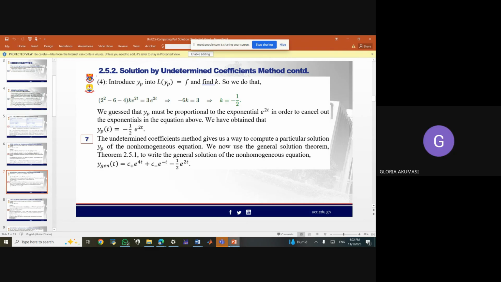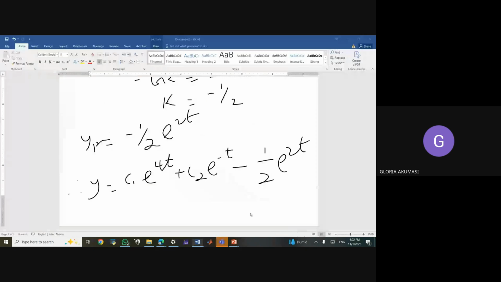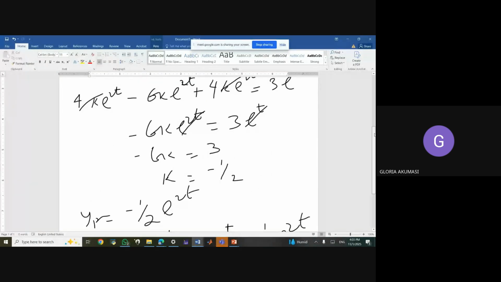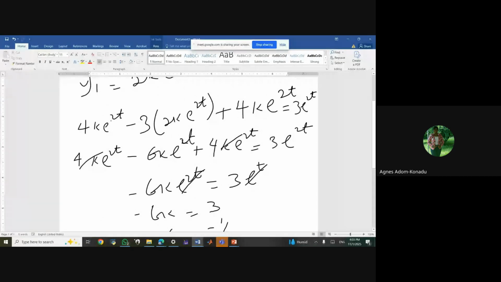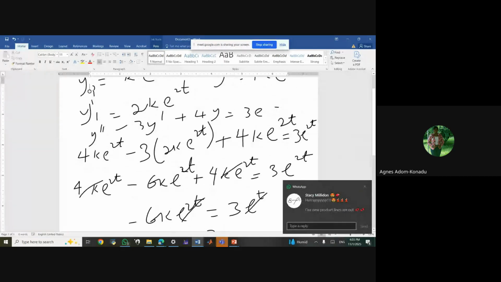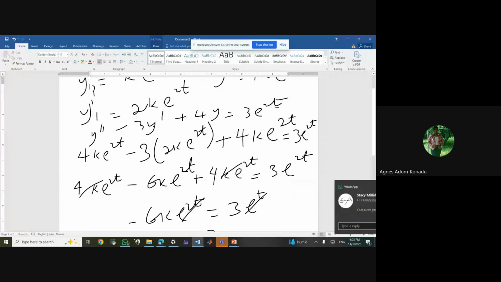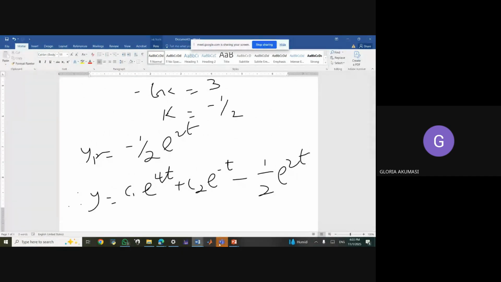After you substituted the solution into the original function, the original function was y double prime minus 3y prime plus 4y is equal to 3e to the power 2t. And then the first derivative is 2k, so that's the reason why it came to 6. Do you get it now? Okay, thank you.